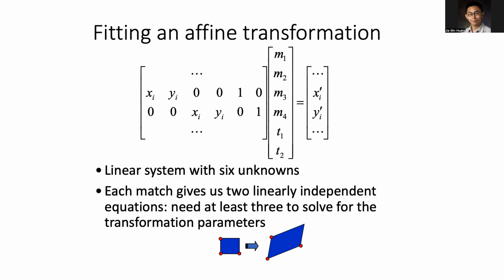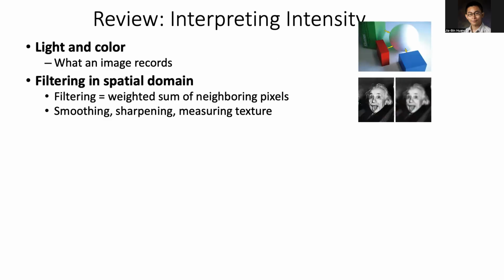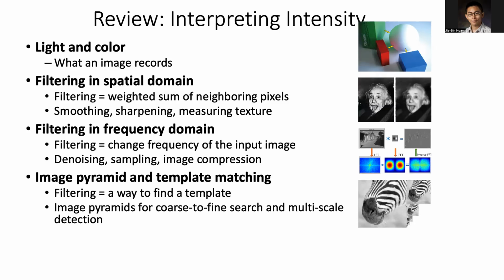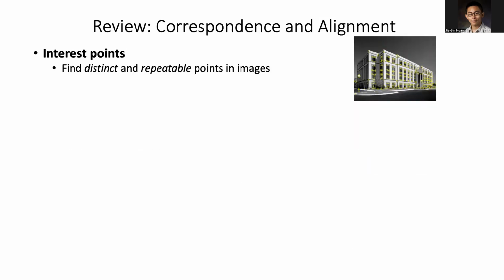So where are we in the whole class? We start with color, then we talk about filtering, multiple different filtering perspectives from the spatial domain to the frequency domain, and how you apply filters to form Gaussian pyramids and do downsampling. Then we talk about correspondence.